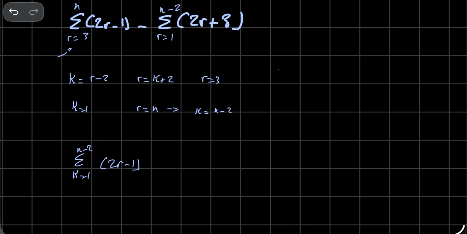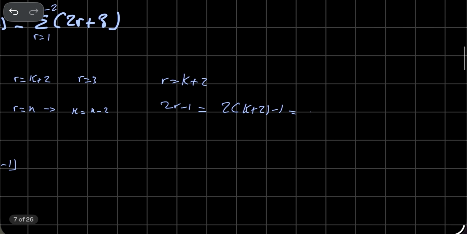So r equals k plus 2, therefore 2r minus 1 equals 2k plus 2 minus 1, which is essentially 2k plus 3.